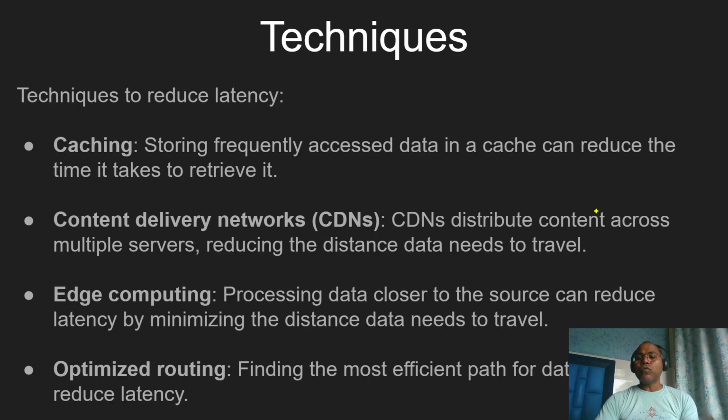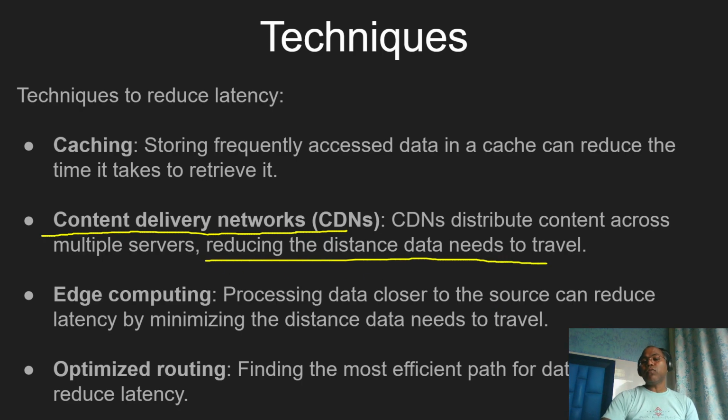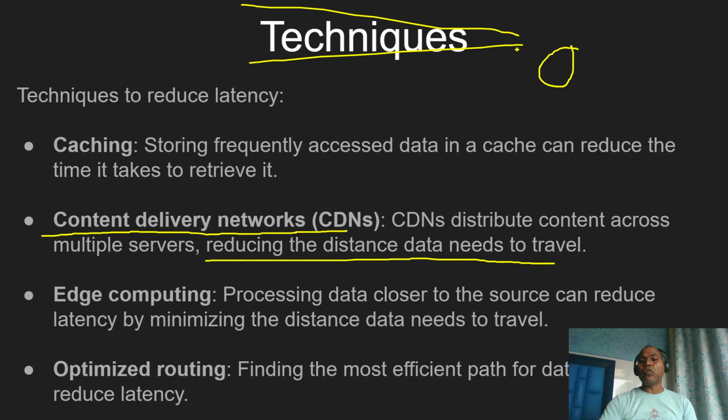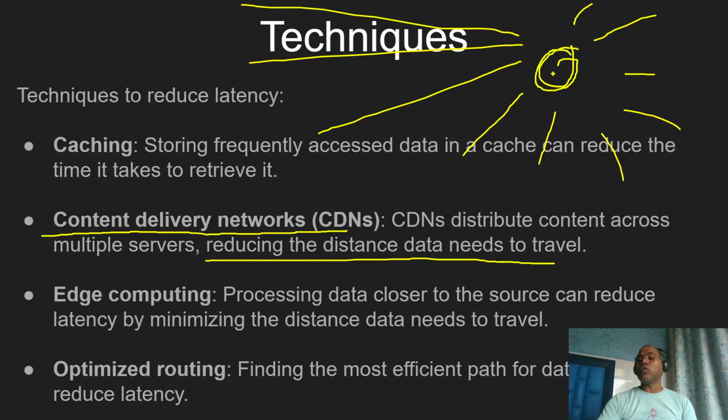And also, whenever your applications are deployed across geographical locations, you can also use a content delivery network, CDN. That distributes the content across multiple servers and reduces the distance that needs to be traveled. So what does CDN help us with? If your applications are deployed at one geographical location and all the users are trying to access it, every request comes to your center.